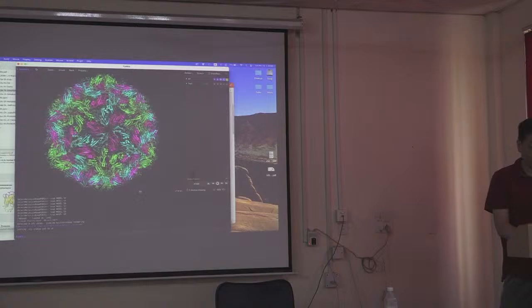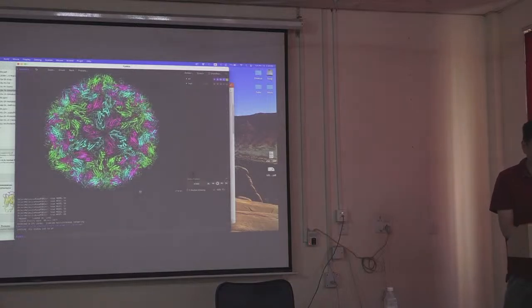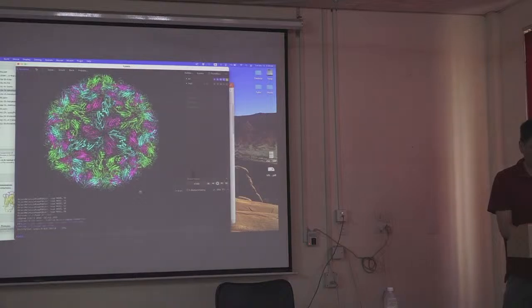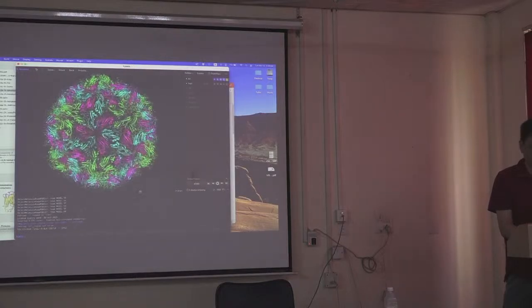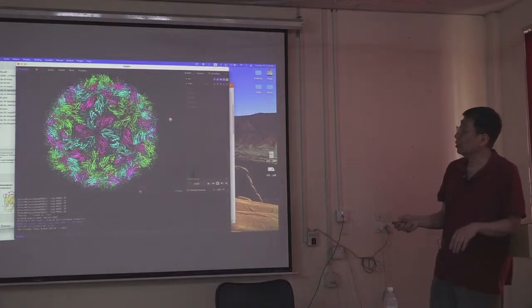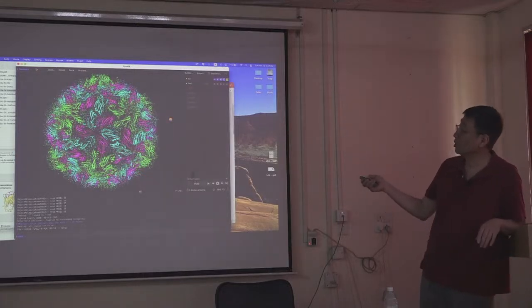Let me see whether I can do this. This will take a little bit of time. Essentially, I'll show the surface of the structure.